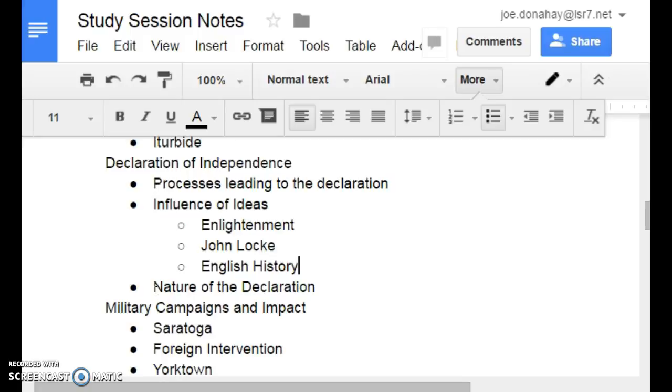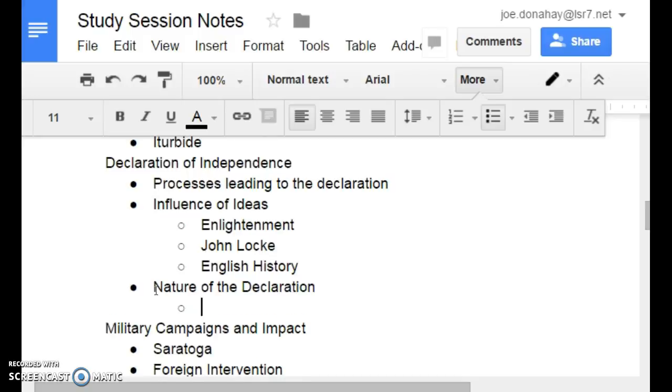The nature of the Declaration. Here, we could look at it. The nature or the structure of the Declaration is a series of logical statements. The initial part of the D of I is an if-then logic statement, you could argue.